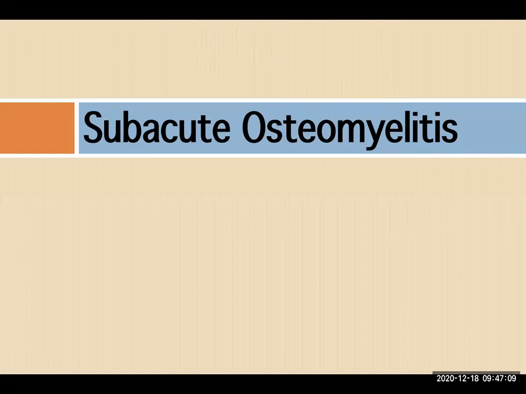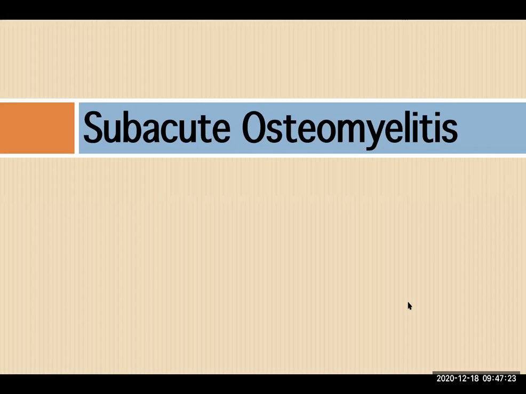Now, according to the definition which we discussed in the last class, subacute osteomyelitis means the clinical features remain there, or the pathology extends, for more than 2 weeks. To be very precise, 2 to 3 weeks. If it remains 2 to 3 weeks, then this is subacute.